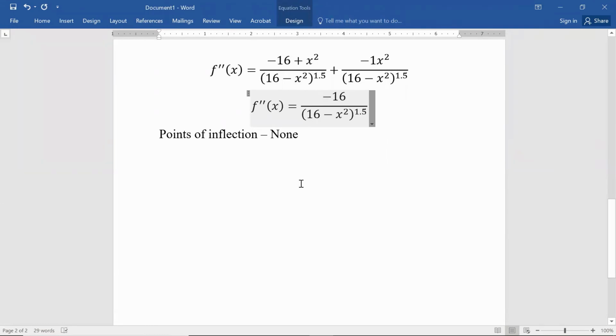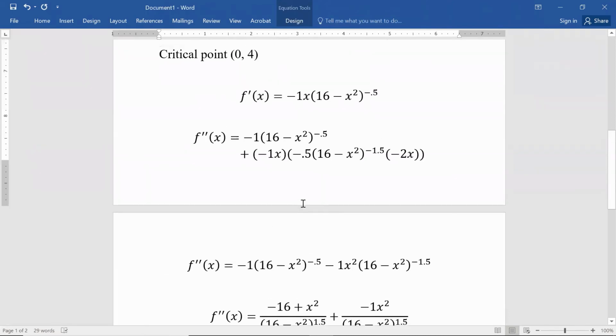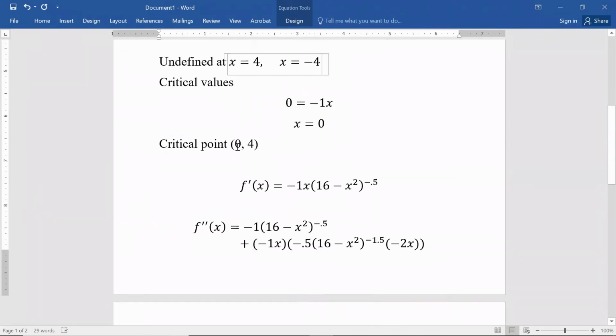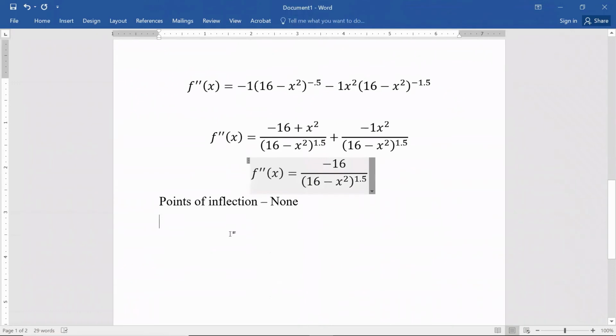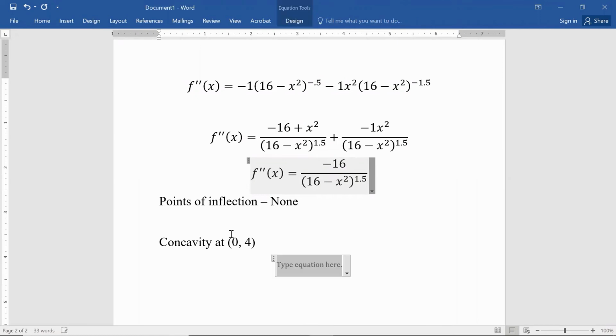So there we go. Let's talk about the concavity at this critical point. I'm going to write it down here. Concavity at 0, 4. Plug in 0 into the second derivative. You would end up with a -16 over 16 to the 1.5 power, which is negative.